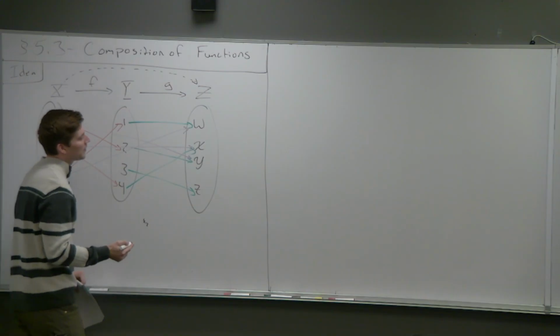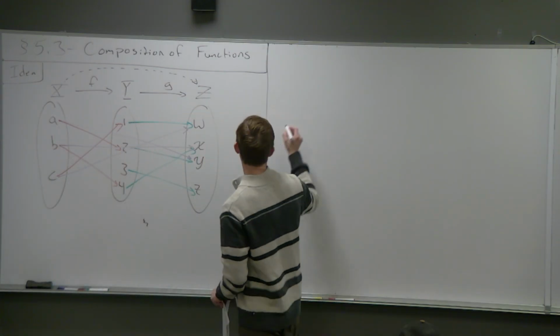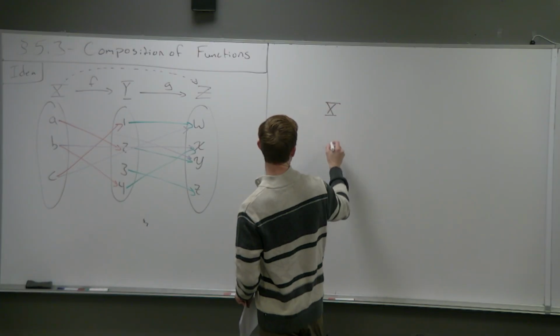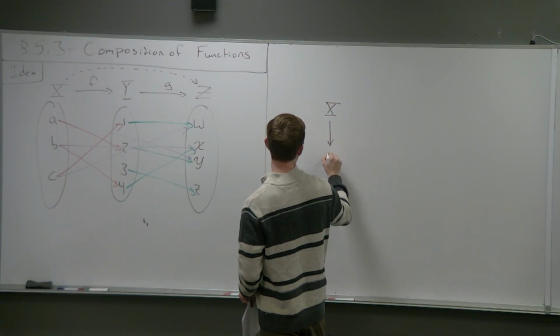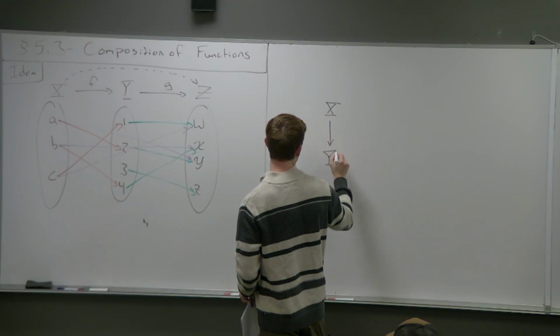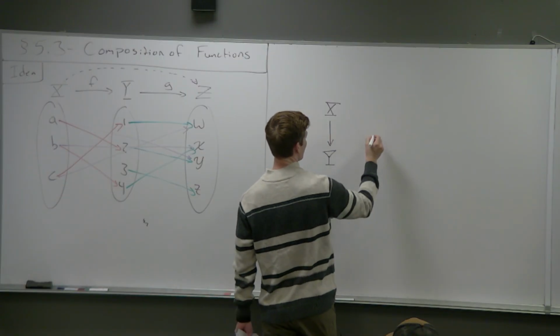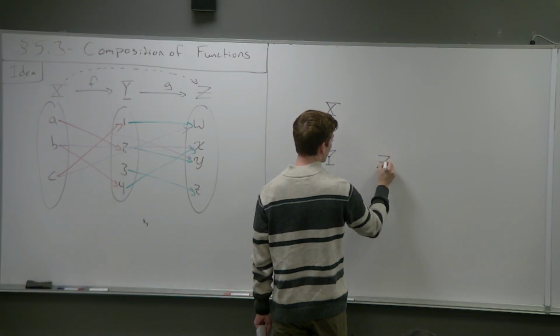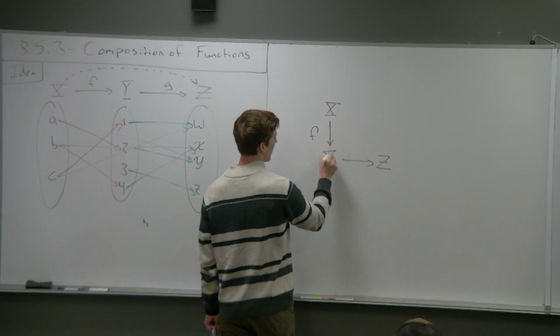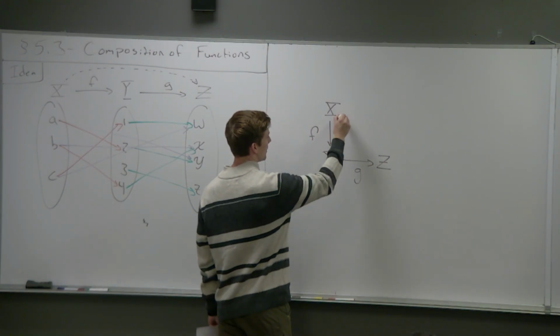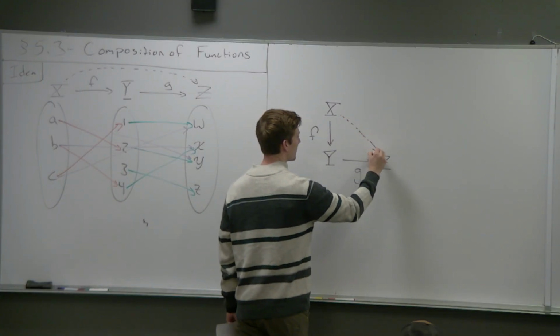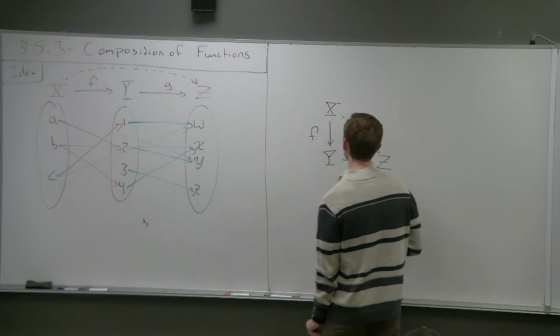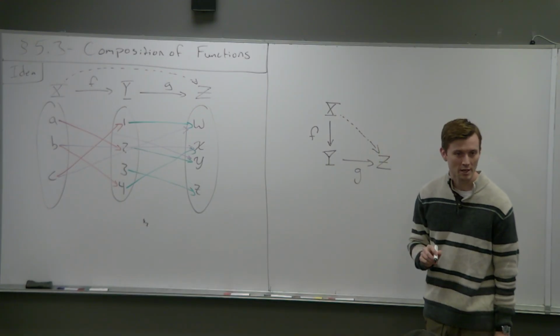It's a little easier if I write it like this: x gets sent to y by f, y gets sent to z by g, then there's a way to complete this triangle, which is do f and then do g afterwards.